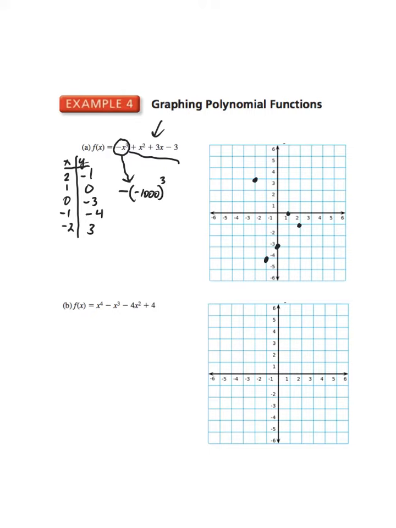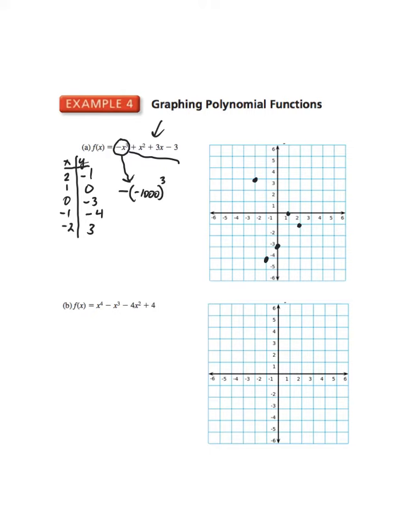So this means as I move to the left, I'm going to go to positive values of y, which is this direction. So the end behavior is up to the left. On the other side of the function, as I move to the right, I would do -1,000, positive 1,000 to the third.